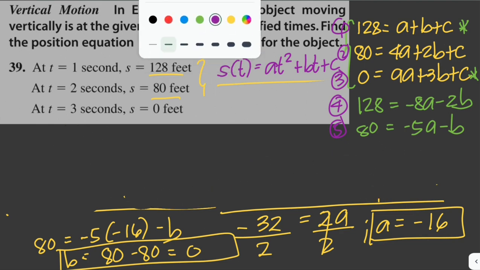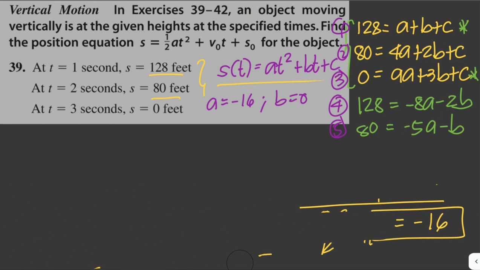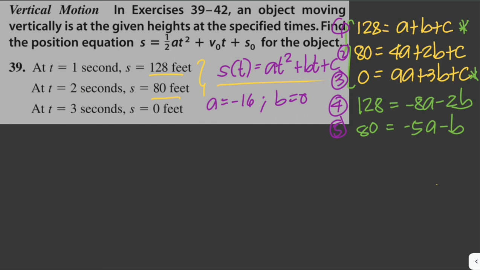Alright, so we now have the values for a, which is negative 16, and b equals 0. Now we can solve for the value of c. We can use any of the three equations.